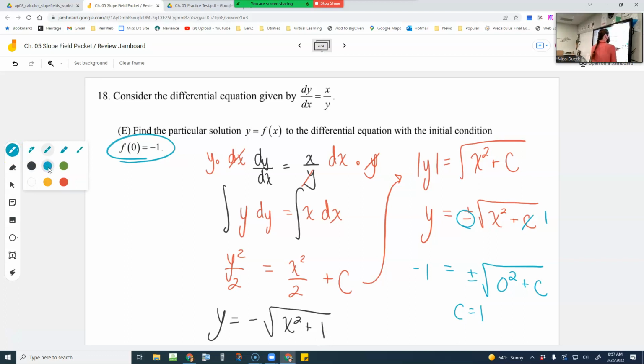Does this have to be 1, or could it be like, if we stop right above, like y squared over 2 equals x squared over 2, can we just do it from there?